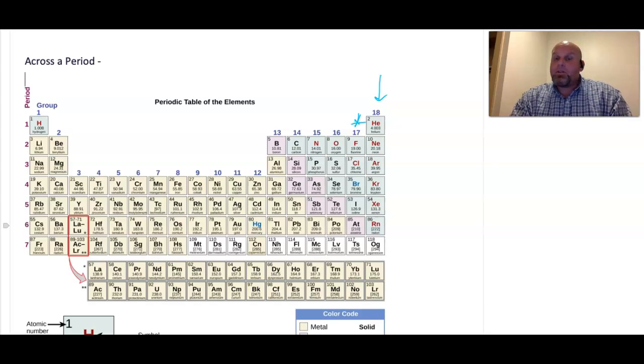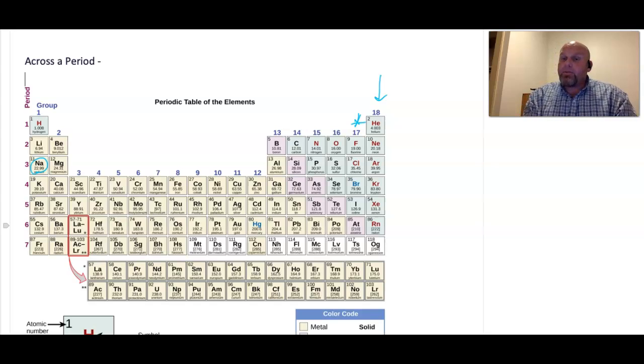Now, along those lines, let's talk about the difference between first and second ionization energies. Let's just talk about sodium. Sodium is going to have a low first ionization energy because it's over here on the left with only one valence electron. So it's going to be fairly easy to remove that one valence electron. It's not going to require a lot of energy.